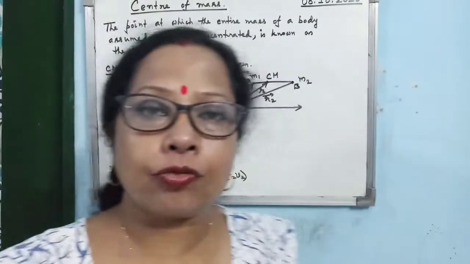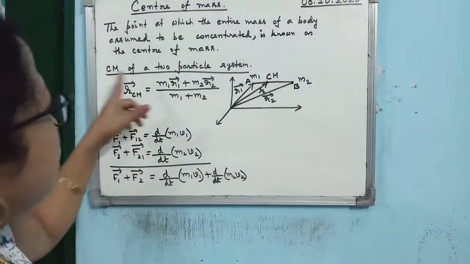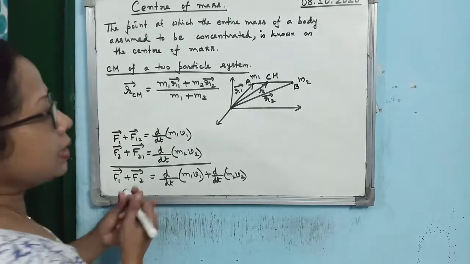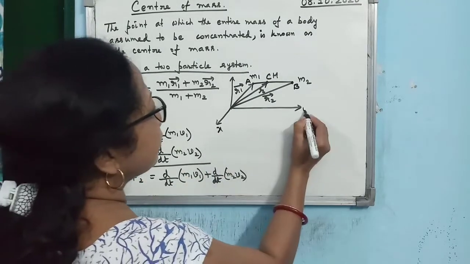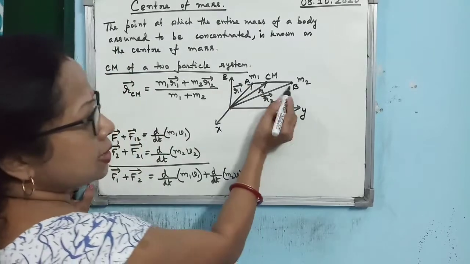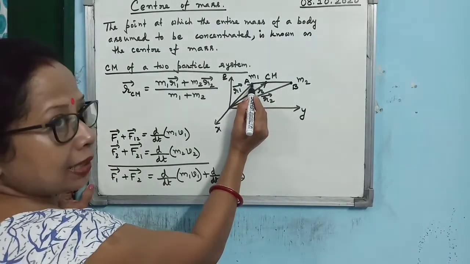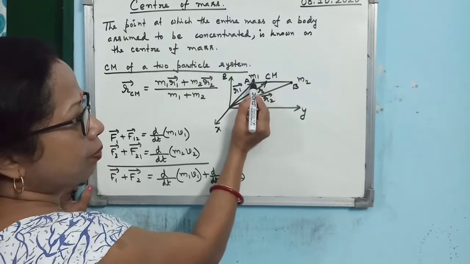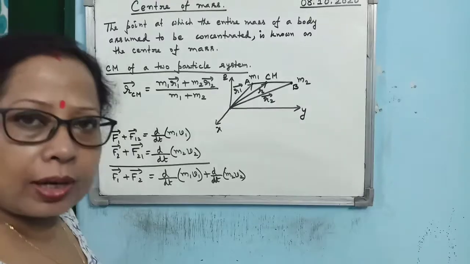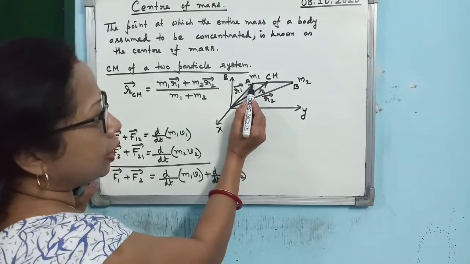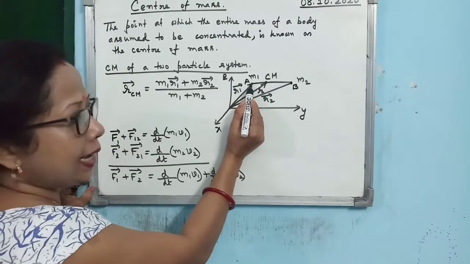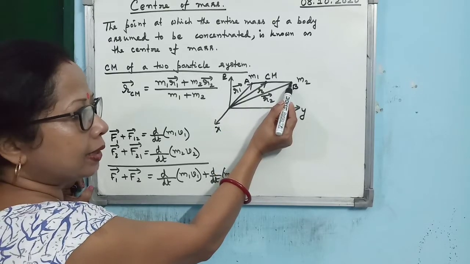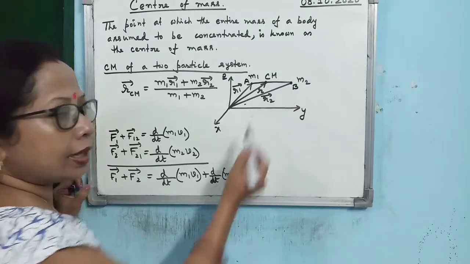So first of all, we are trying to find out the center of mass of a two particle system. Let us consider that the system is having two particles at the point A and at the point B, and the two particles are having masses m1 and m2. Now the position vector of the particle m1 at A is r1, whereas the position vector of the particle m2 at B is r2.